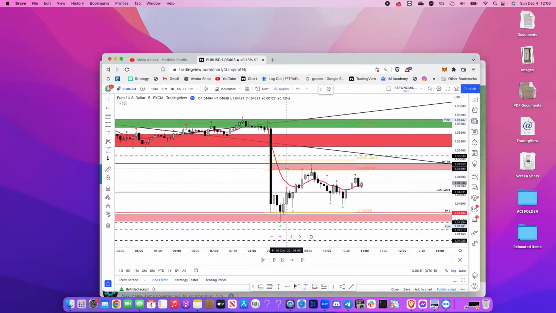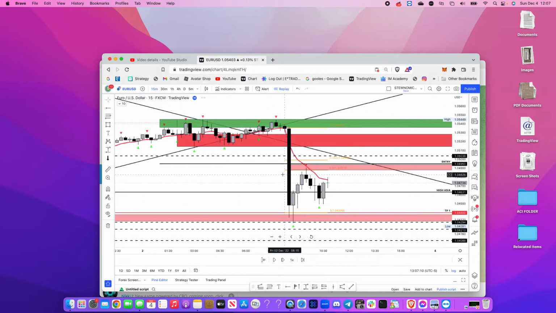Now, it did come back here, and this gave up 40 pips off that 5 minute candle. Off that 5 minute candle, it gave up 40 pips. Even if you would have entered on the 15.